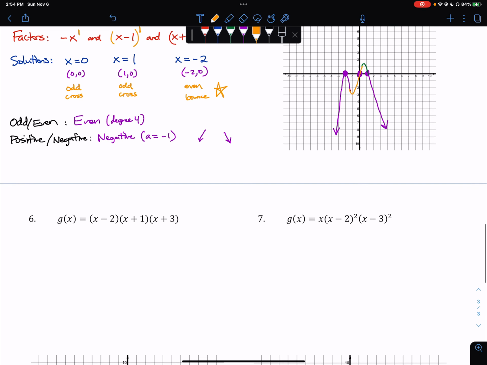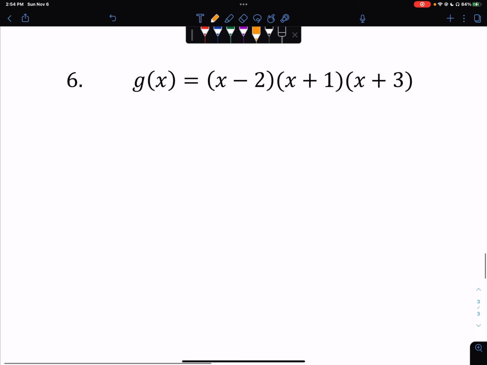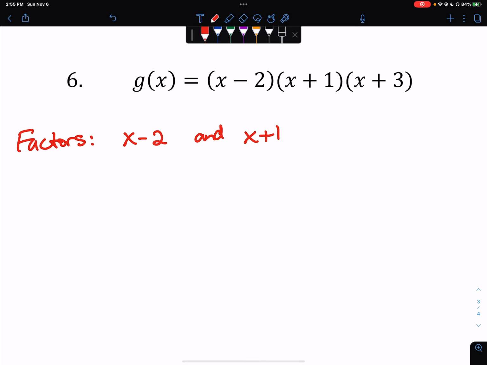So number 6. Again, the first thing we want to do is recognize it is in factored form. So my factors in this case are x minus 2, x plus 1, and x plus 3. And we'll notice all of them have an exponent of 1. There's no squared we have to deal with, which is good.